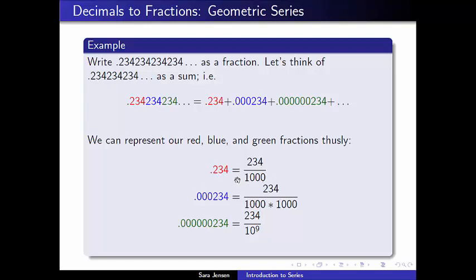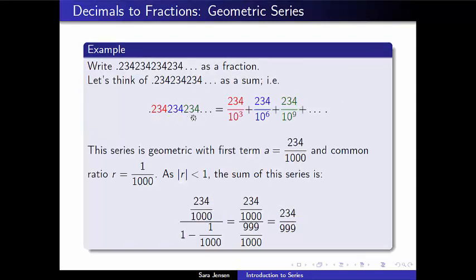So 0.234 would be 234 1,000ths. Since I have 6 digits over here on the left of 0.000234, I should have a 10 to the 6th, or a 1,000 times a 1,000. And last but not least, over here I've got 9 digits in the green decimal expansion, so what I'm looking at is 234 over 10 to the 9th power.